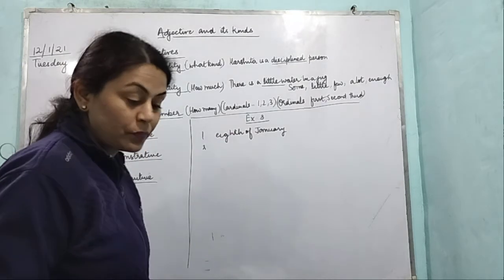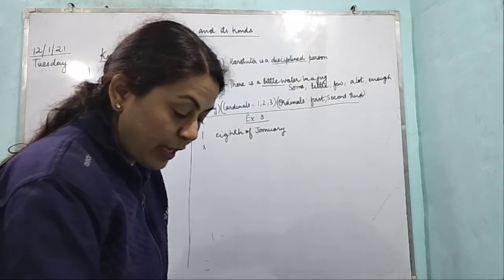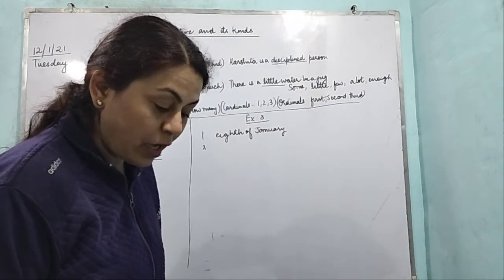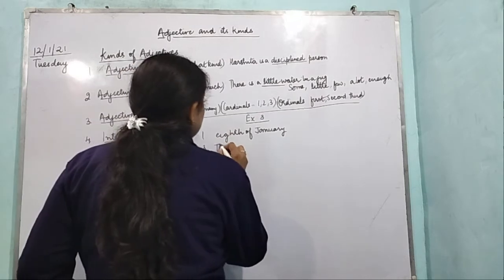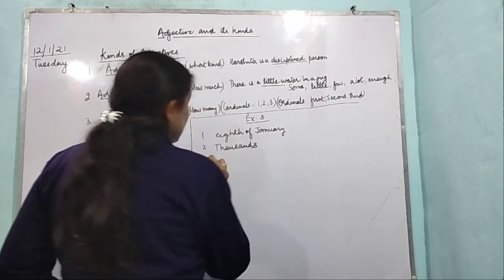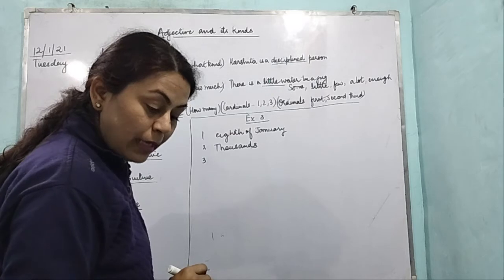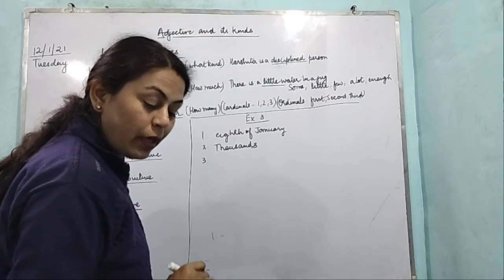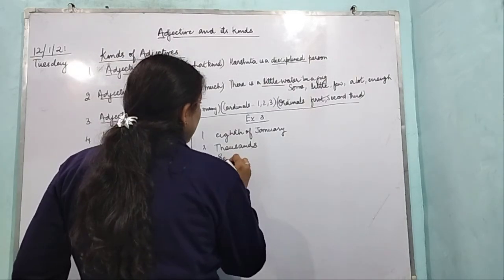Second, thousands of people have gathered in the stadium. Thousands of people. Third, Saturday is the 7th day of the week. Ordinal.